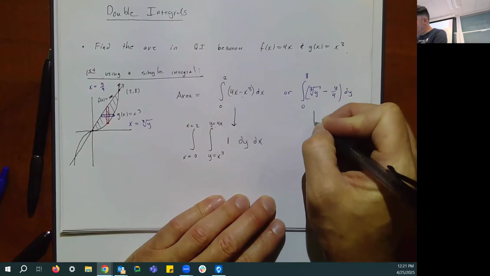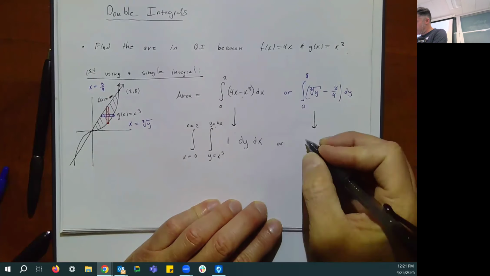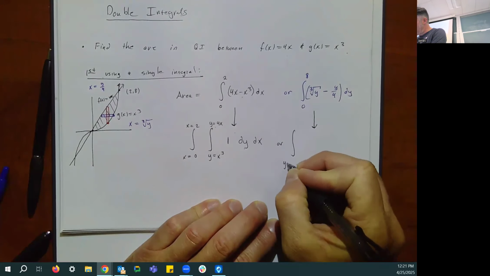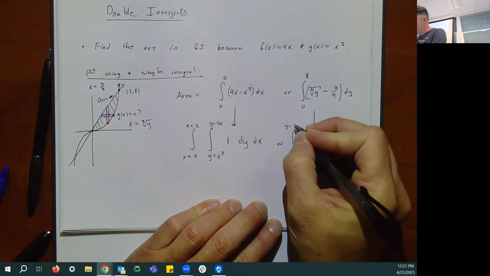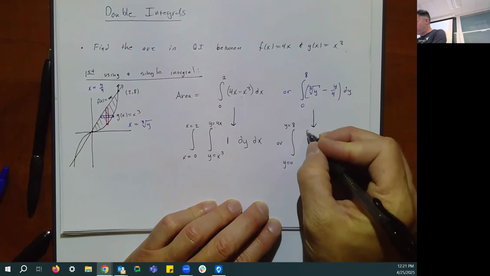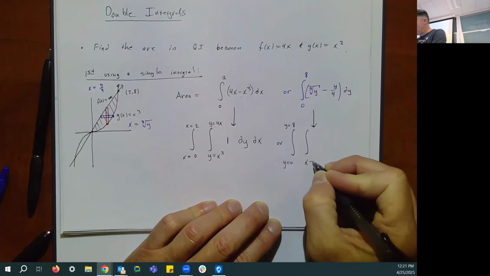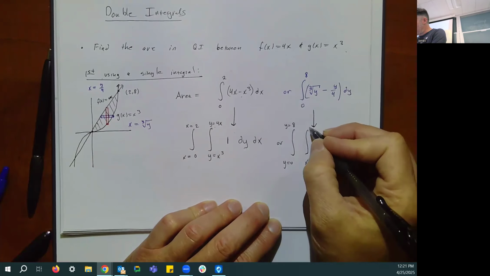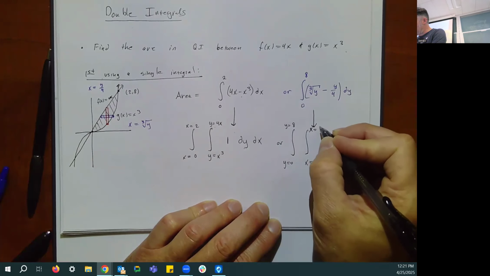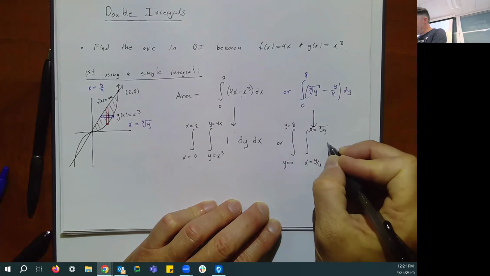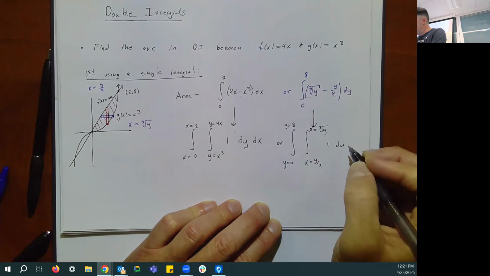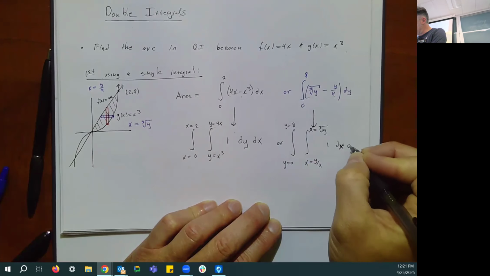Similarly, this one could have been rewritten as the integral from y equals 0 to y equals 8. And then the inside is going to be the integral from a lower limit of x equals y over 4 to an upper limit of x equals the cube root of y. Still 1, dx dy.